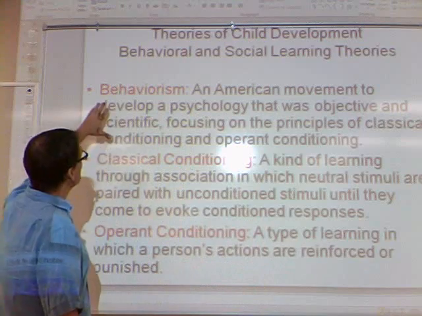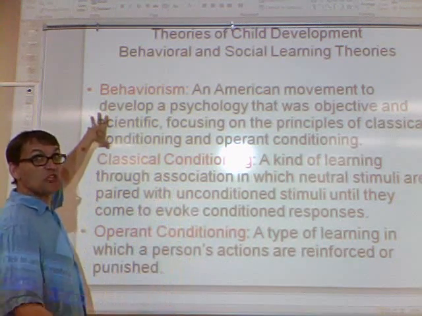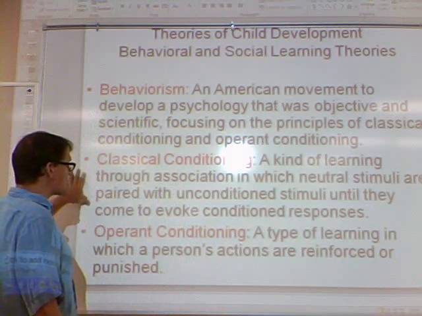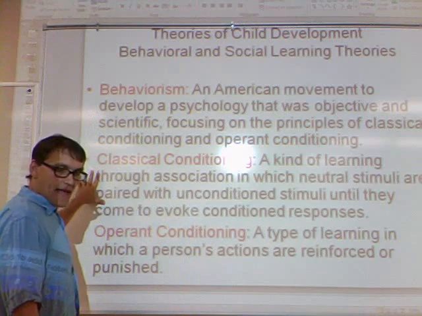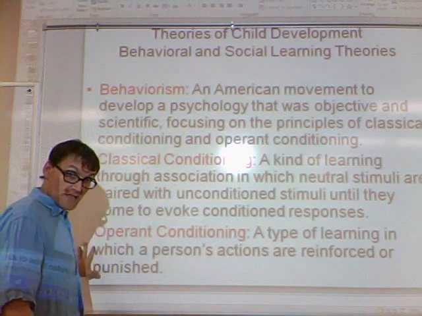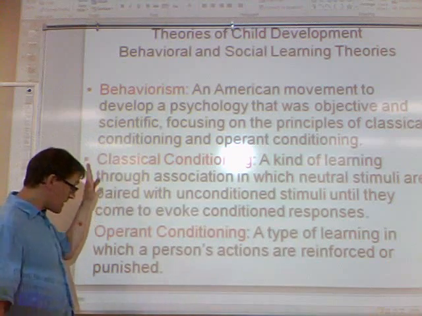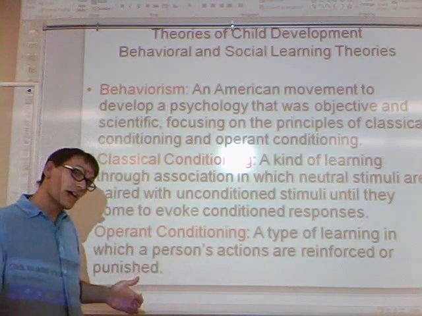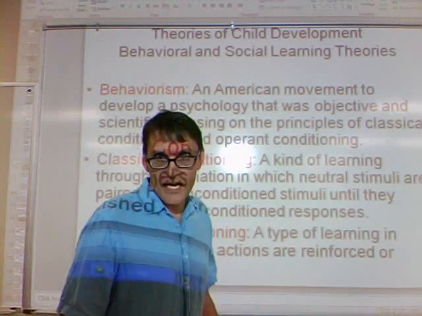And so behaviorism takes as its useful point classical and operant conditioning, the principles of learning theory. And that is rewards and punishments, things of this nature. Clearly, learning theory has a lot to tell us about child development because children learn an awful lot of things.